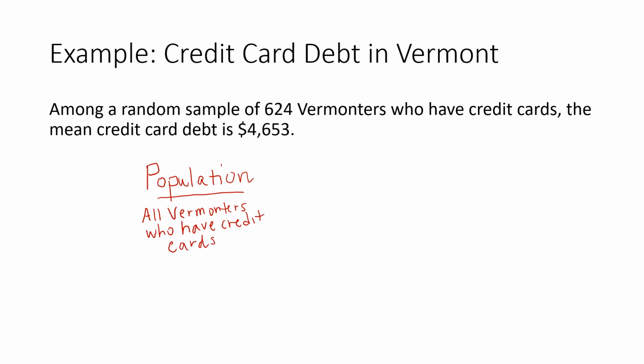And since we're talking about the mean credit card debt, the parameter that we'd like to know would be the population mean, mu. The mean credit card debt among all Vermonters.